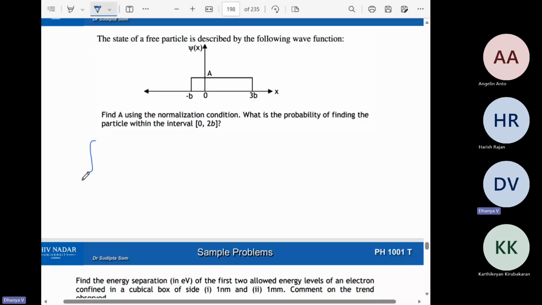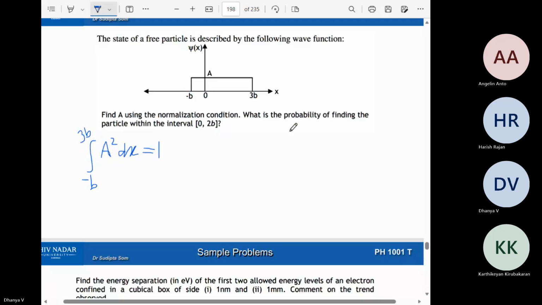So we are doing minus b to plus 3b. We have to take the square because chi square. You have to just integrate in terms of x. Whatever value you get after substituting minus b, 3b and all, you have to equate it to 1 because you have to verify the normalization condition. And you can find A with that. So if you solve this, you can find A.